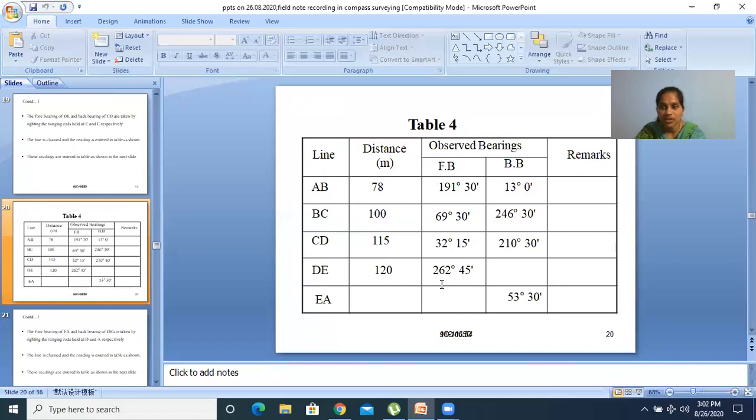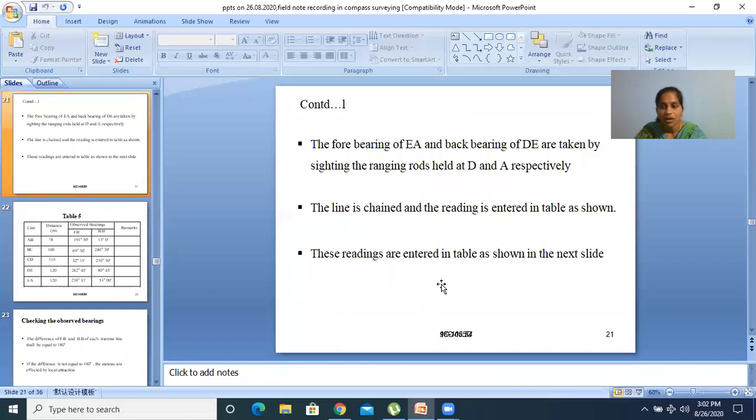After station D, you can shift your instrument to station E. After shifting, as usual, you can do the temporary adjustments. After temporary adjustments, the fore bearing of the EA line and the back bearing of the DE line are taken by sighting the ranging rods held at A and D stations respectively.